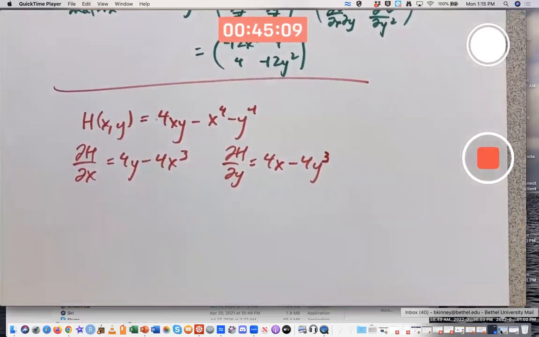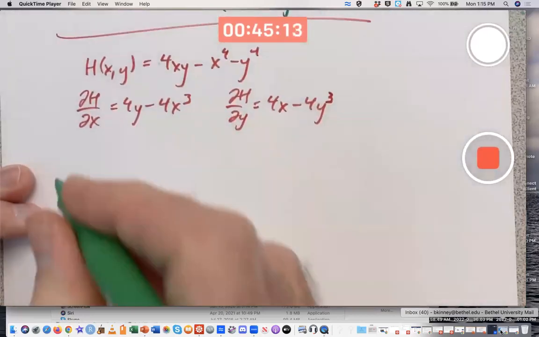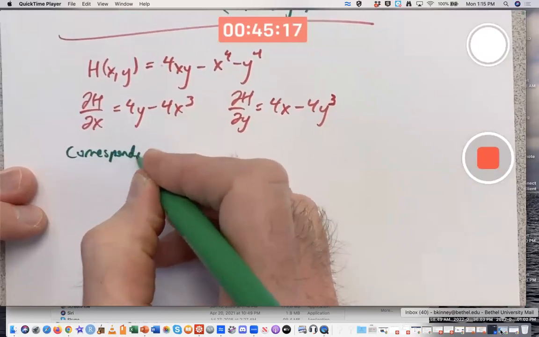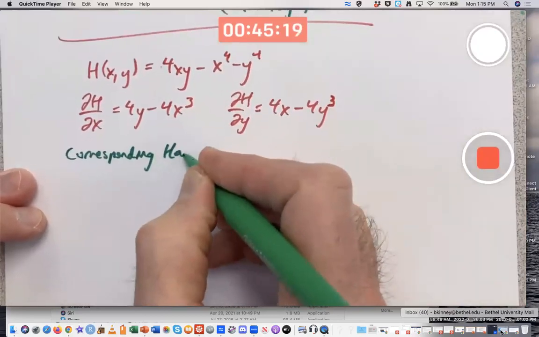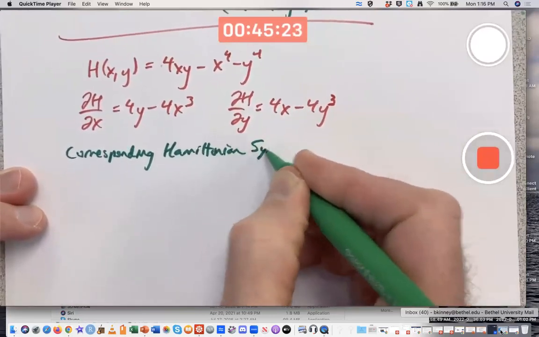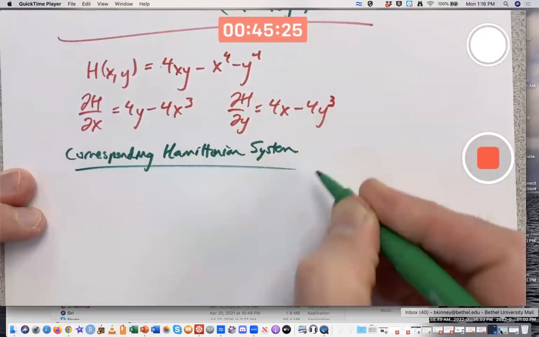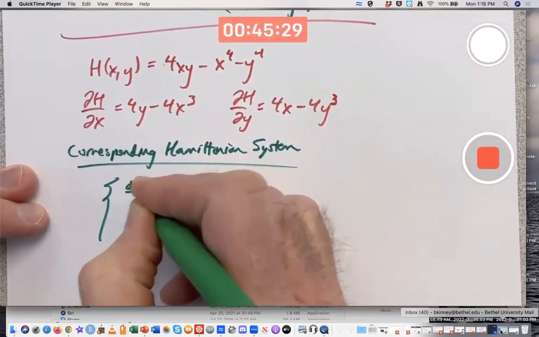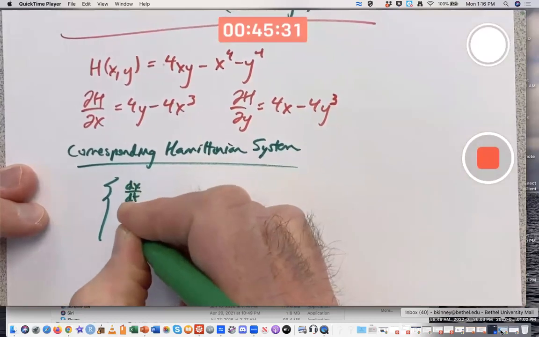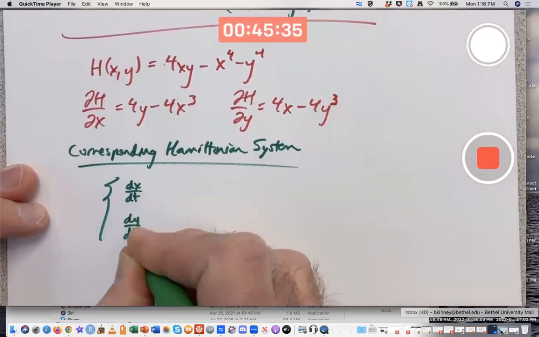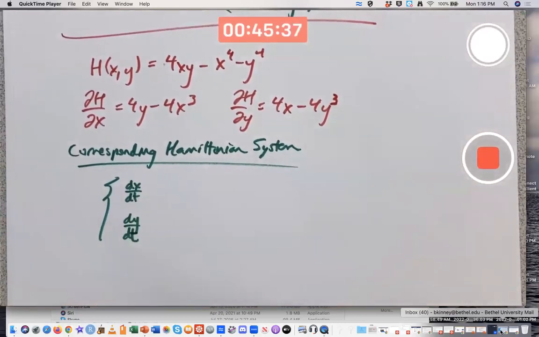The corresponding Hamiltonian system of differential equations, dx/dt equals something and dy/dt equals something, does use the function H and its partial derivatives, but in kind of a weird way.